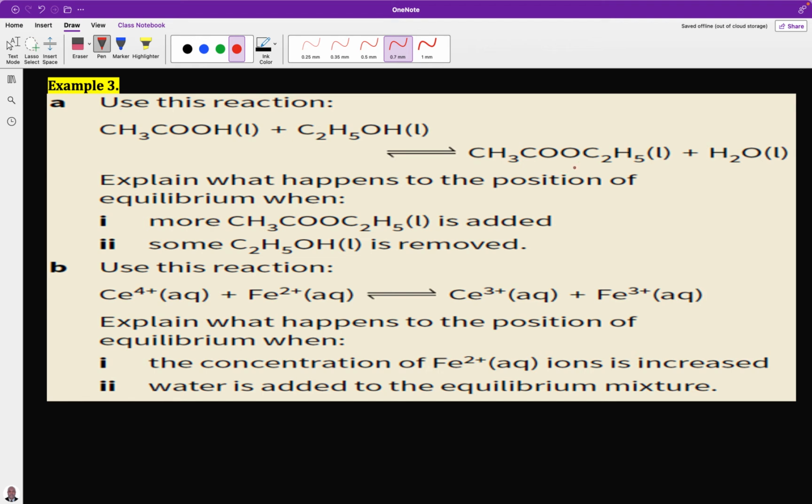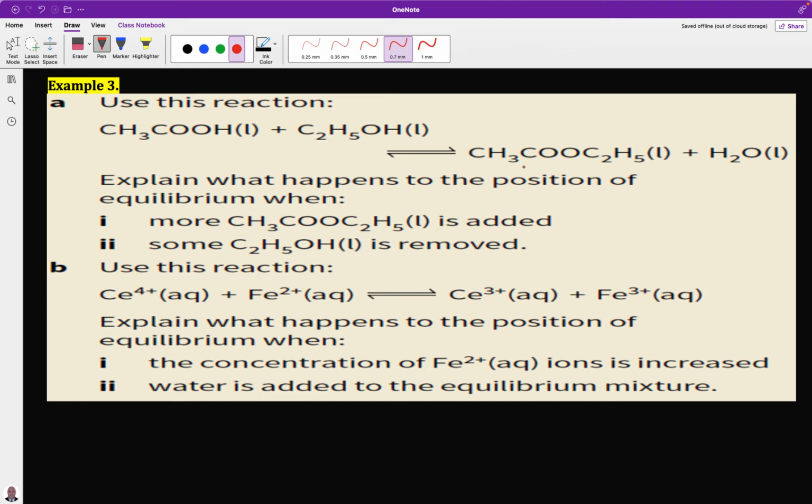What happens? The equilibrium will shift from right to left to favor the production of more of the acid and the ethanol, thus establishing a new equilibrium.